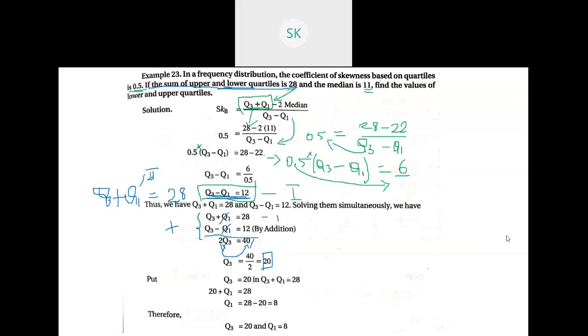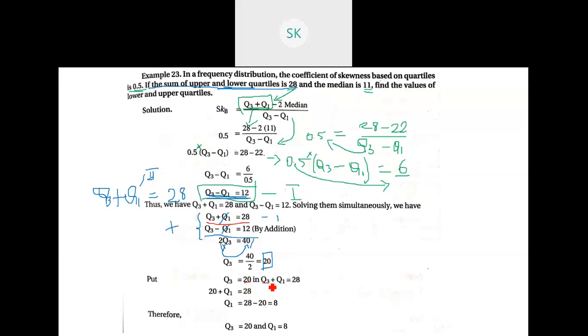Now, once we find the value of Q3, we will use this 20 in either the first equation or the second equation. We will take the first equation, Q3 plus Q1 is equal to 28. Now I am going to apply Q3 as 20 in this place.